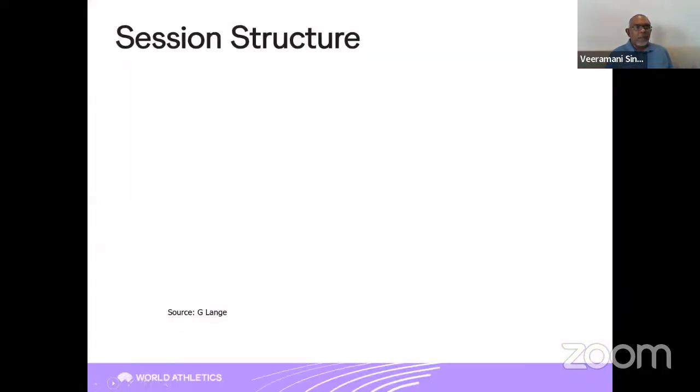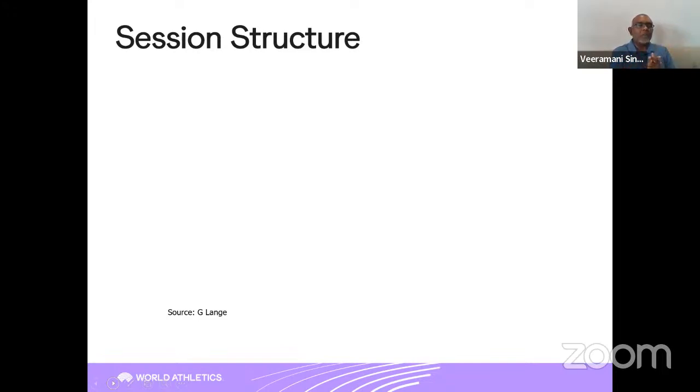One of the first things we always want to know is how we structure our session. I will not touch too much on the overall microcycle or macrocycle, as I think we have done that before in our level 1. There's a macrocycle, which is a year plan, or a composition of preparation, specific preparation and competition as one.